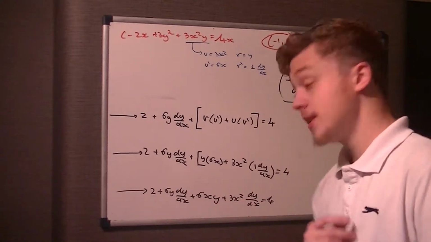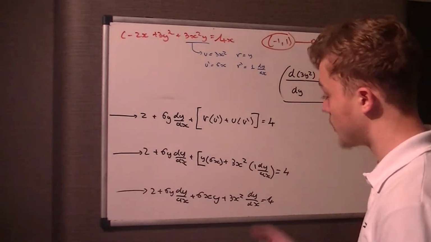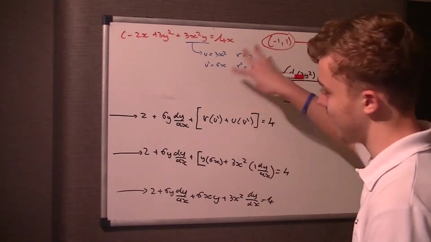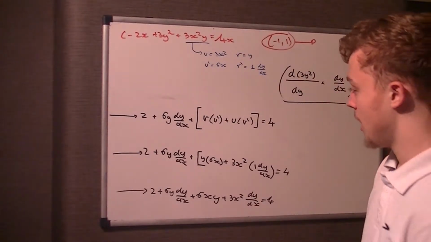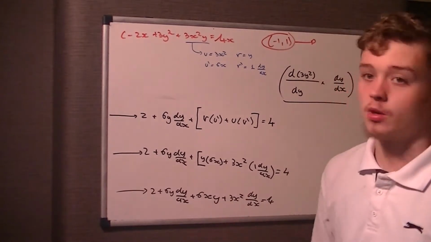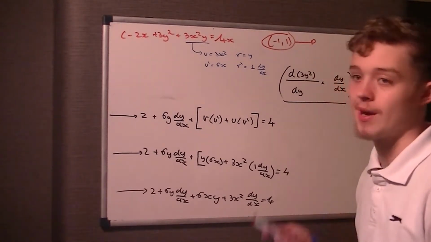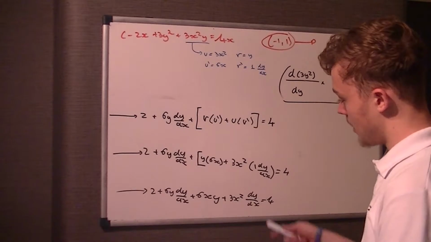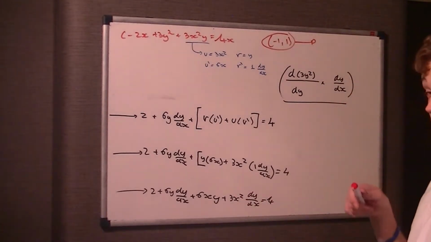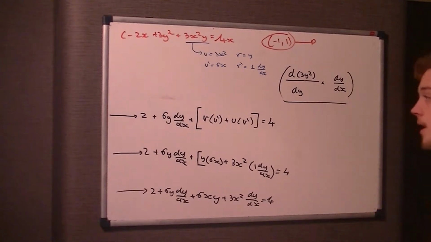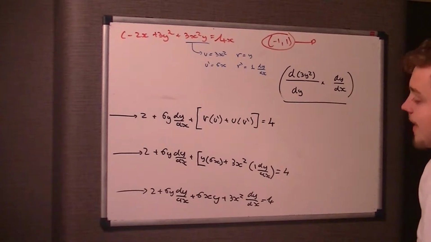Here, even though we've got 6xy, yes, it's got a y in there. The only reason y is there is because we've done this separate little bit of rule here. We've done this differentiation rule, and this y is not differentiated, so you don't need to put dy/dx next to it. However, because we've differentiated part of this here, we've got 3x squared times the derivative of y. The derivative of y is 1. So we still have to put dy/dx next to it.